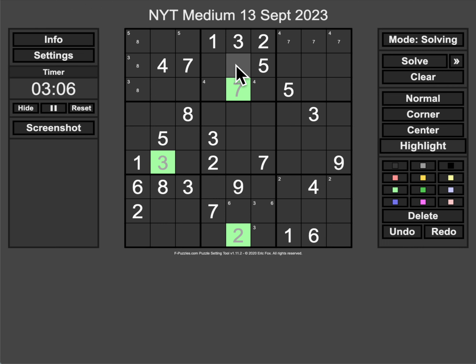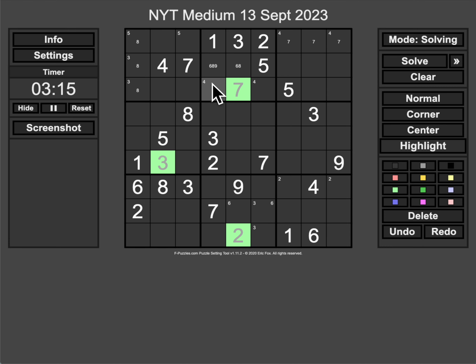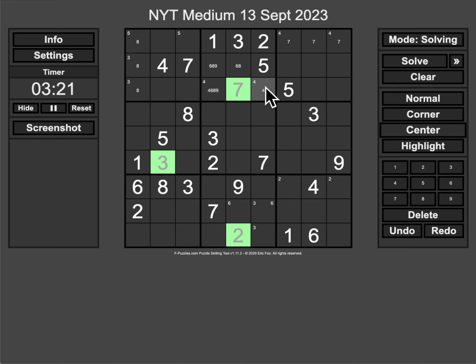Now, this can't be 4 or 9, so this is 6 or 8 explicitly. This is 6, 8, or 9. That can be anything, and I'm pretty sure that can still be any of the digits left for that box. Yep.